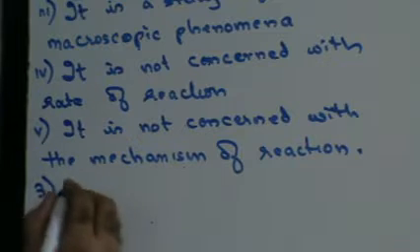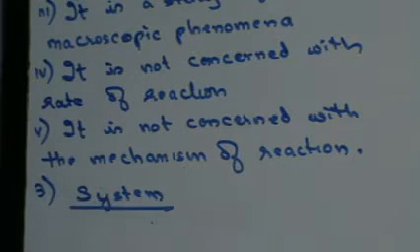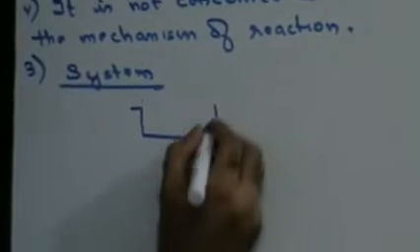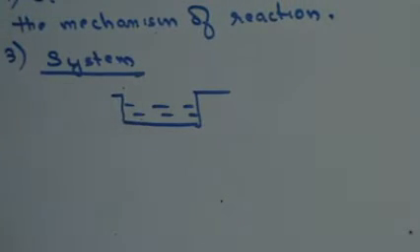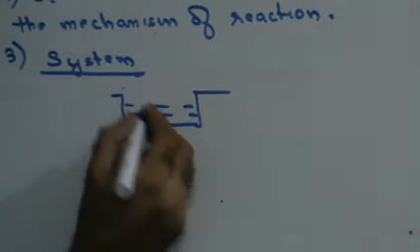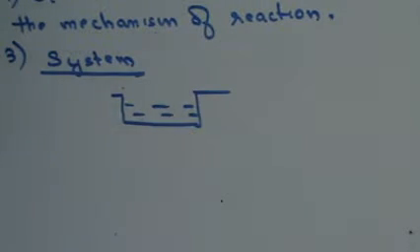First, what do we understand by system? It is the part of the universe that is under thermodynamic consideration. Suppose I have a vessel of water, and I study the changes in the heat present in the water. This part of the universe under thermodynamic consideration is called a system.